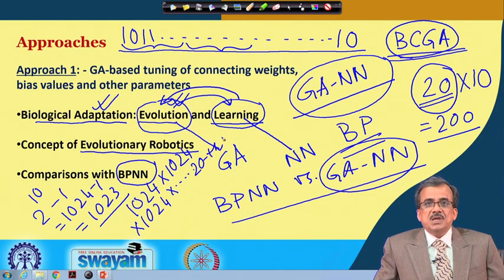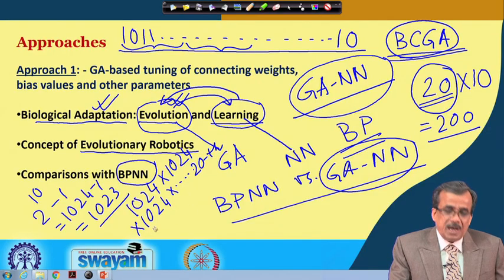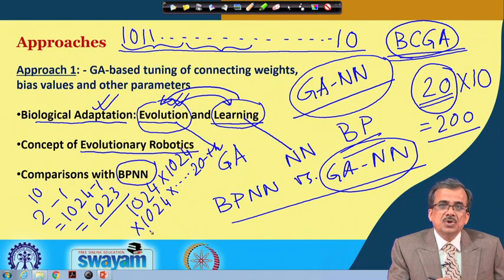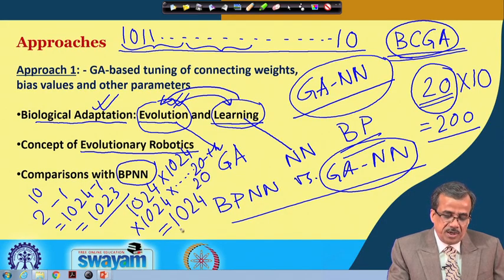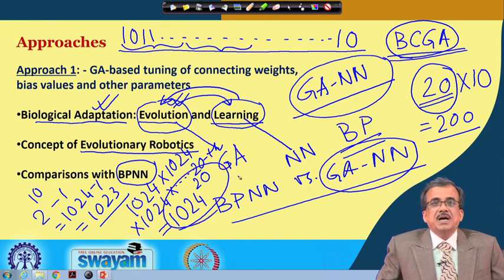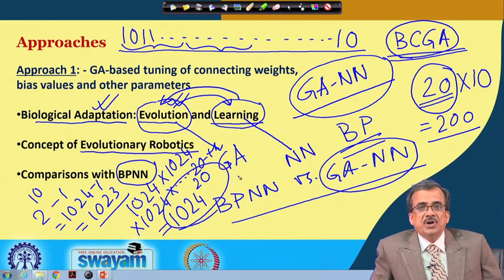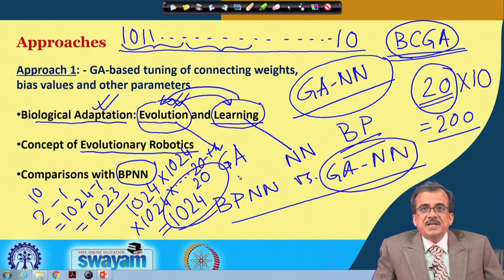Now, the total number of combinations of numerical values which have to be considered before the GA can decide the optimal solution is 1024 raised to the power 20. This is a very high number.